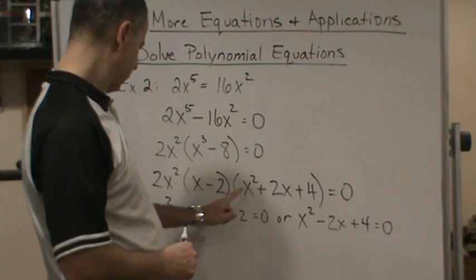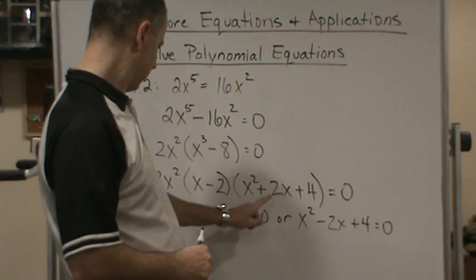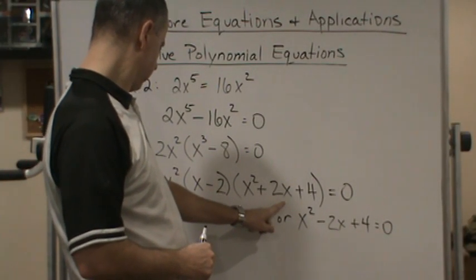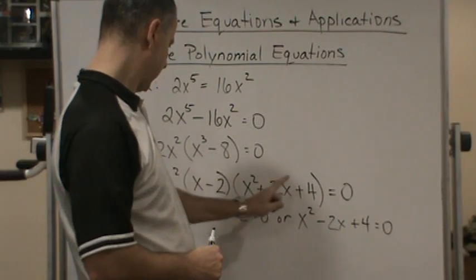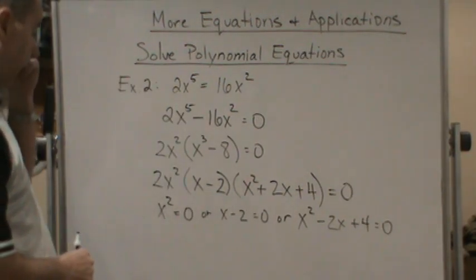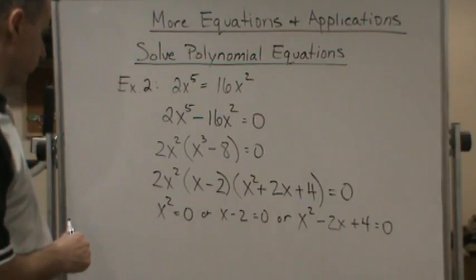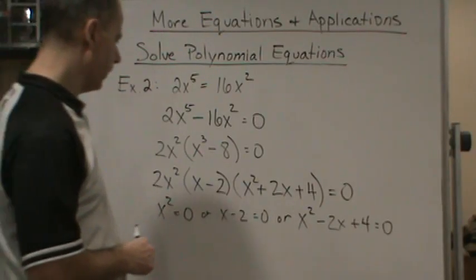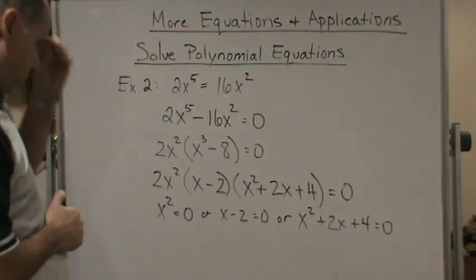That'll cancel with the 2x squared here. And we get negative 4x, which will cancel with the 4x here, and then we get negative 8. Okay, yeah, so this should be a plus. I just noticed that. Okay. Again, just got to remember the form. Okay, so now, oops, so that should be a plus. Okay.